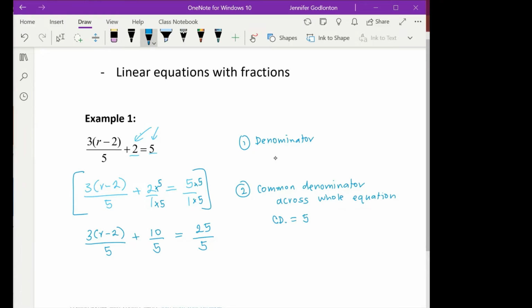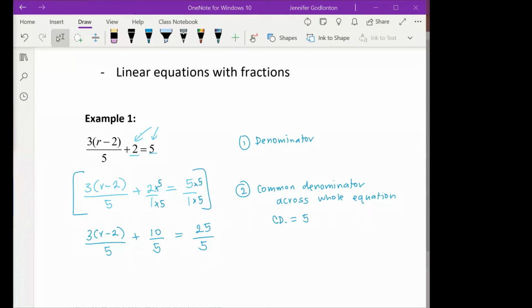Who remembers what I'm allowed to do in a fraction equation when everything has the same denominator? I'm allowed to do something very sneaky and special. KFC is only when we do division with fractions. I'm seeing some answers coming through the chat. I'm allowed to delete the denominator.